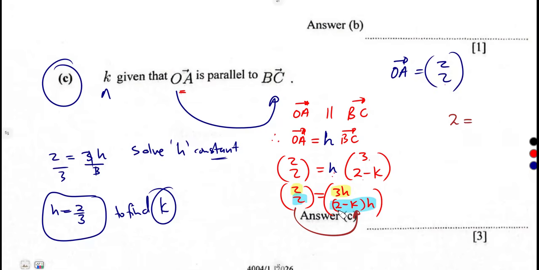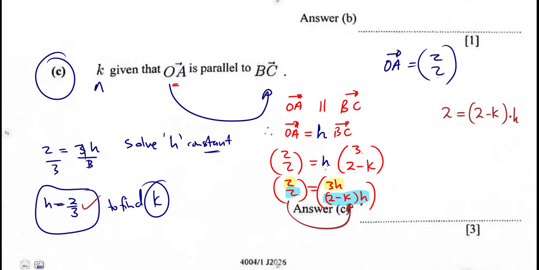So 2 is equal to 2 minus K times H. So H is 2 over 3. We already calculated that, so simply substitute that. 2 minus K times 2 over 3.